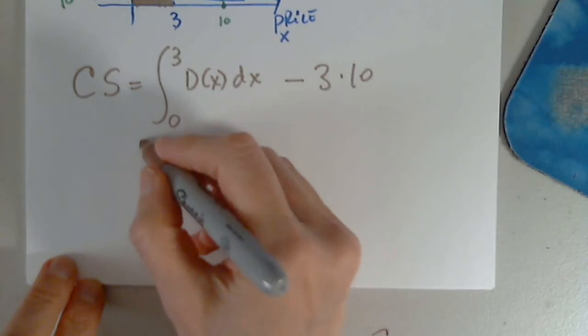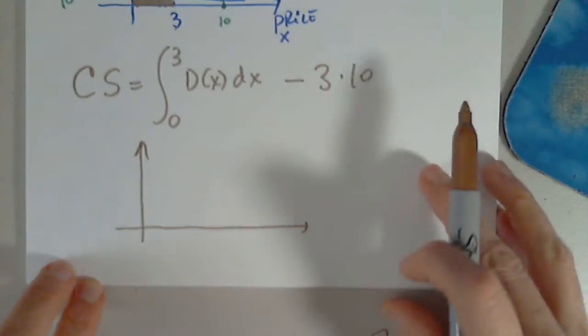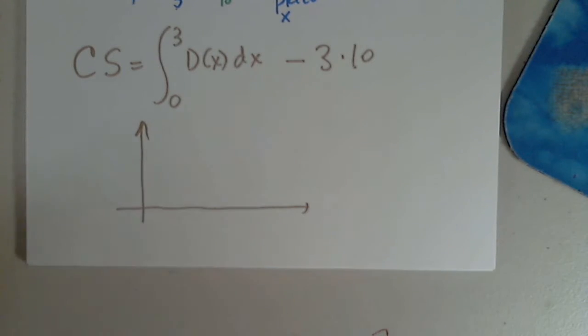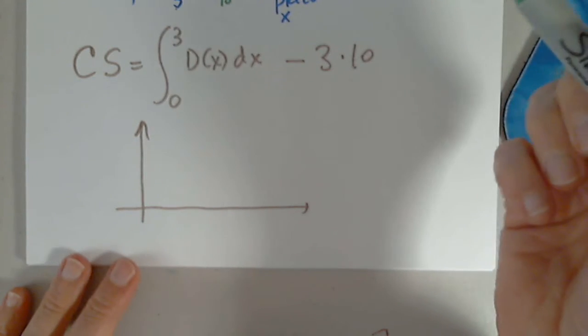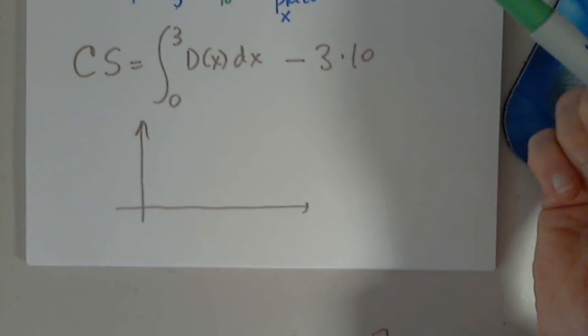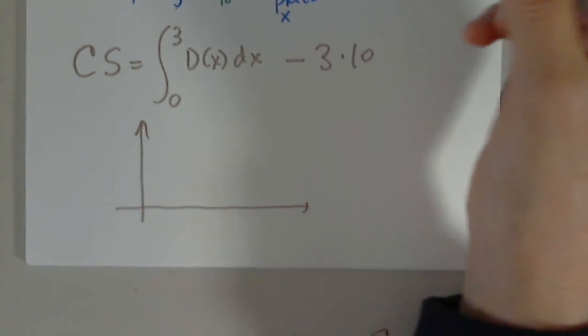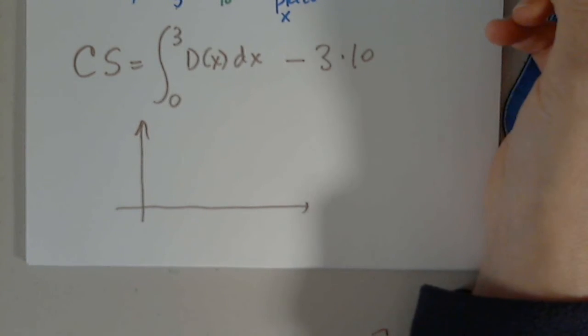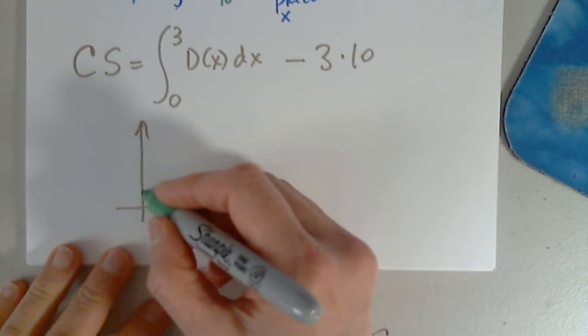So now let's take a look at the producer surplus. So the producer curve, I'm sorry, not the demand, the supply, that was the word I was looking for. The supply curve, of course, is different.